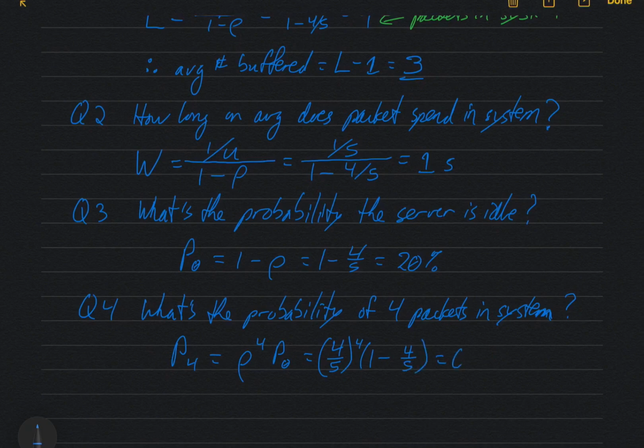If you calculate that out, you get 0.08192, or 8.192%. So that's the probability that you have exactly 4 packets in the system.